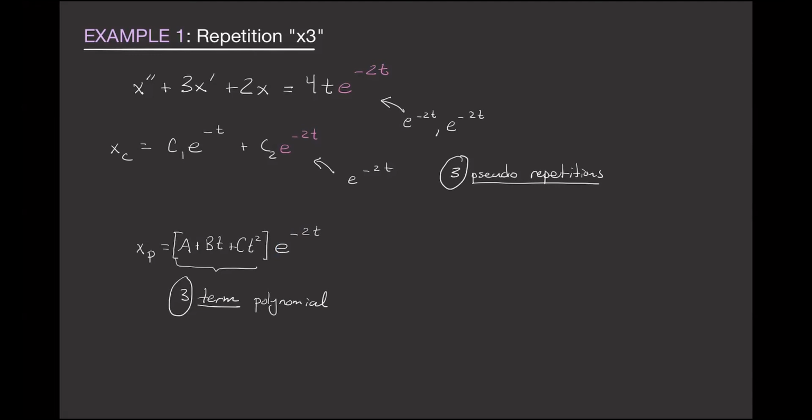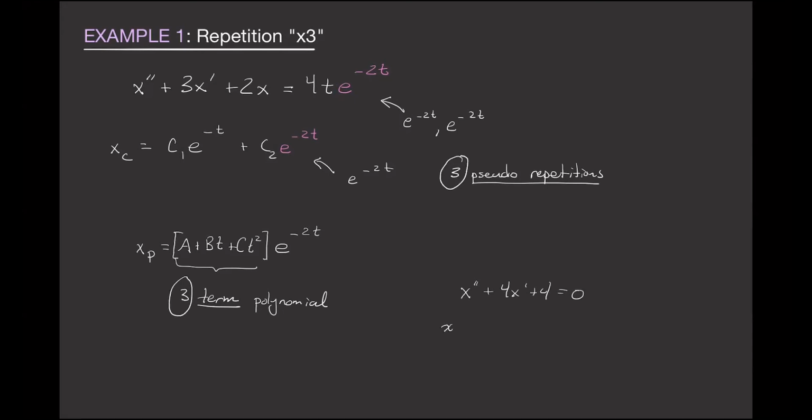And again, the reason it's 3 is because you look at the number of times this e to the negative 2t is repeated. We certainly have it once here, and we have it twice here in some sense because we have a t here. That t is, like I mentioned, in the case where we have, let's say, x double prime plus 4x prime plus 4x is equal to 0.